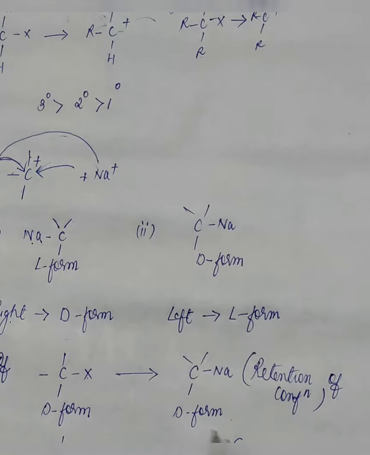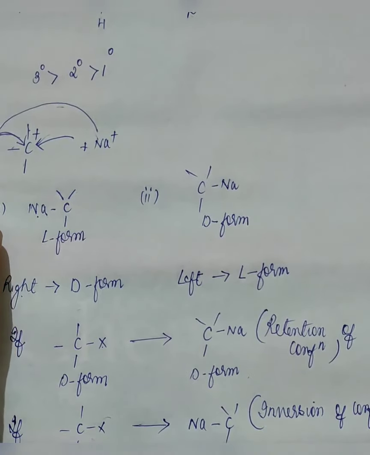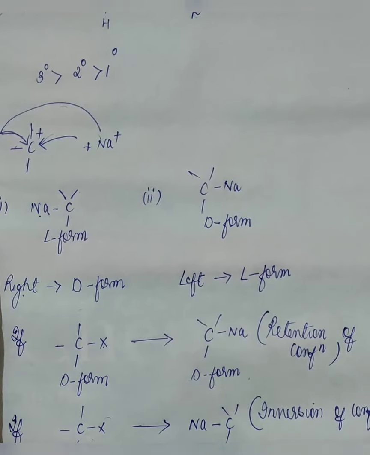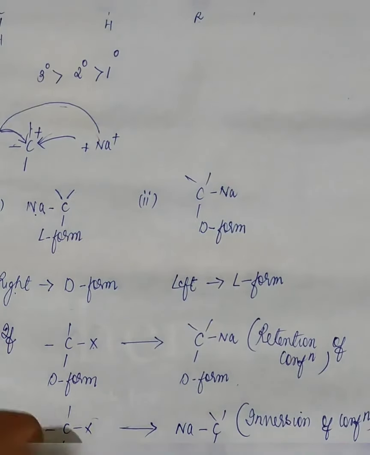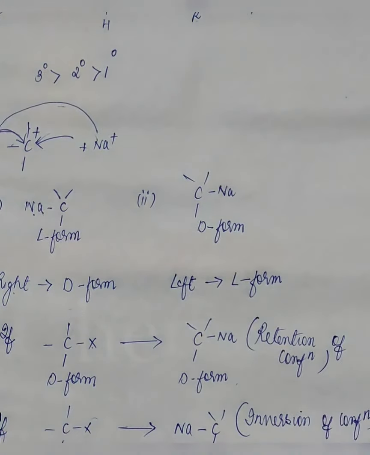This equimolar mixture of D and L form will give rise to a racemic mixture. That means if retention and inversion have taken place, it will be a racemic mixture.